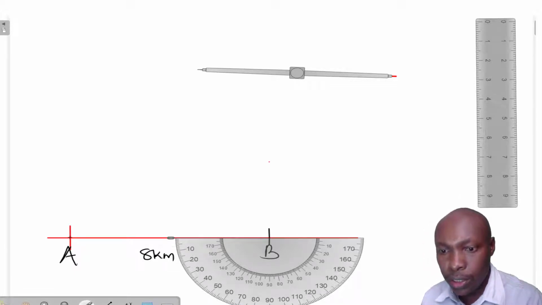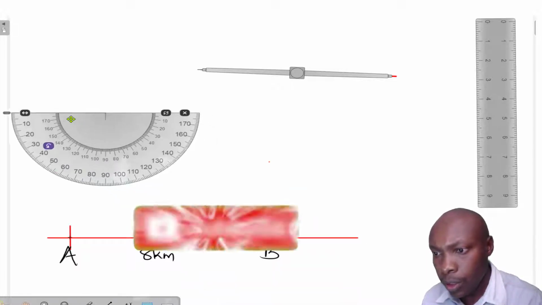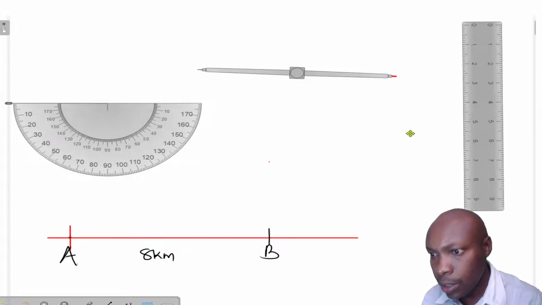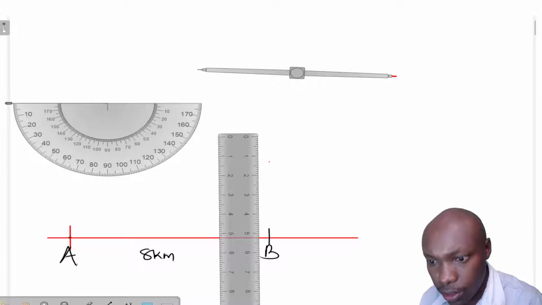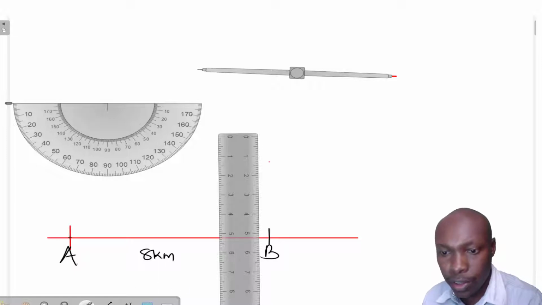After doing that, you can take your ruler, and join this point where I mark 90 degrees and this other point where I mark 90 degrees.